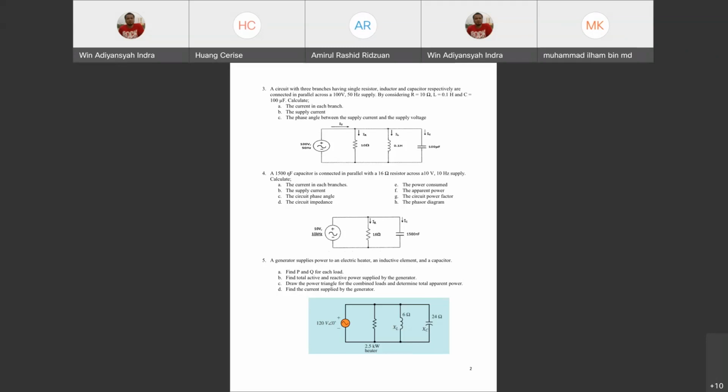Supply current means IT, the total current, which is IR plus IL plus IC. C, the phase angle between the supply current and the supply voltage.